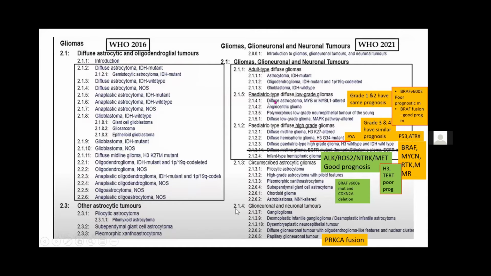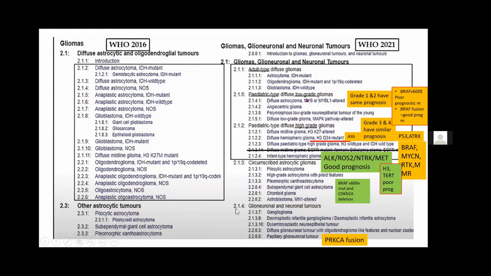Amongst the pediatric diffuse gliomas, they have been further given two broad types, the low grade types and the high grade types. In the low grade and high grade, the differences are the molecular alterations. Molecular alterations aside, such as MYB/MYBL1 altered and MAP kinase pathway alterations, they all have a very good prognosis.